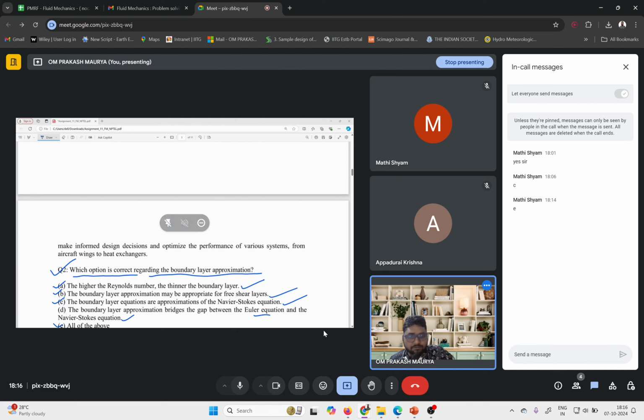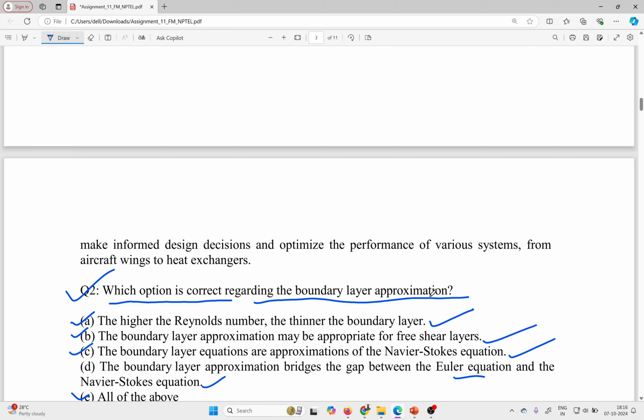So let me discuss. Here is the first option: the higher the Reynolds number, the thinner the boundary layer thickness.